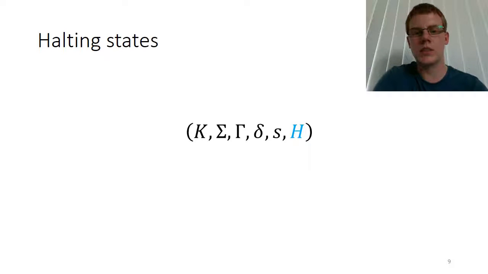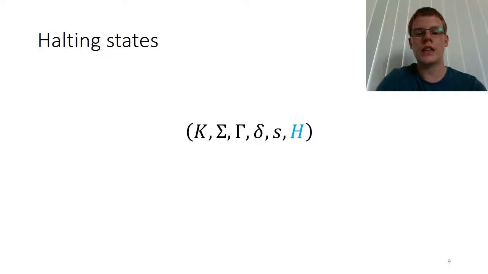Finally, up until this point, we've had a subset of the states which have been called the accepting states. So these were states where if we landed in them in a finite state machine and we had an empty string we accepted, and a similar definition for the push-down automata. In this case, we are going to define the Turing machines to be a little bit more general than just accepting and rejecting.